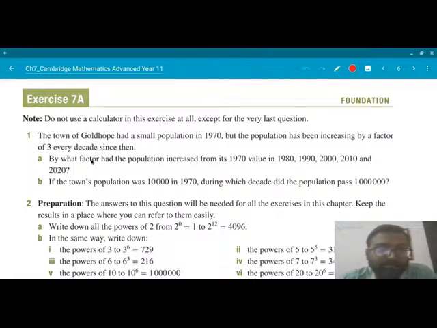So by what factor had the population increased from the 1970 value in 1980? If the population is X in 1970, what is 1980's population? It is a factor of 3 every decade.